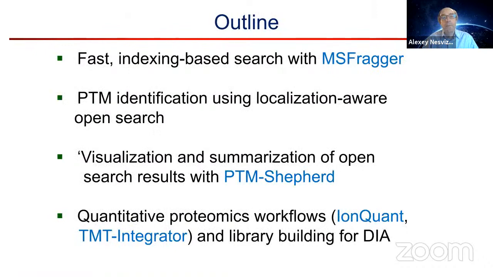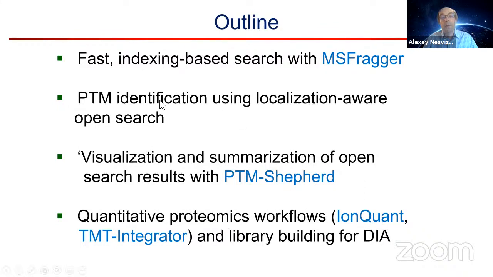Now, very briefly about MS-Fragger and the PTM analysis. MS-Fragger is a fast index-based search tool, so it enables the concept of open searching that we improved recently by publishing this new algorithm that we call localization-aware open search that solves a lot of initial limitations of open searching. We developed PTM Shepherd and a few other tools on top of open searching so that we can visualize and summarize open search results.